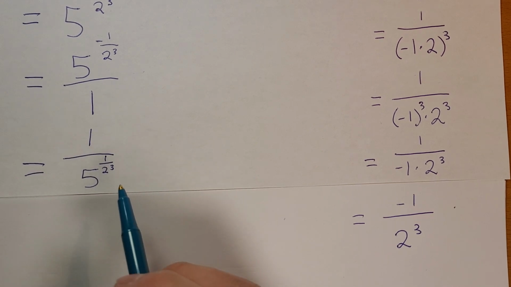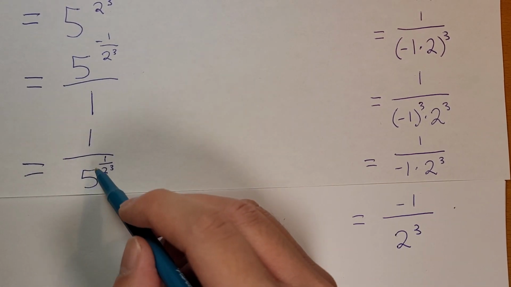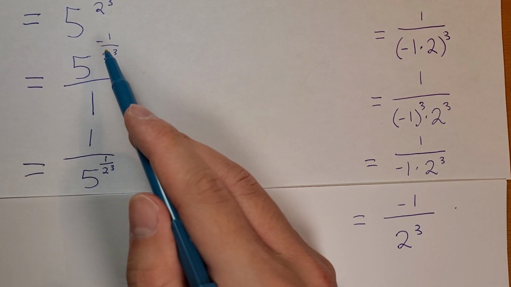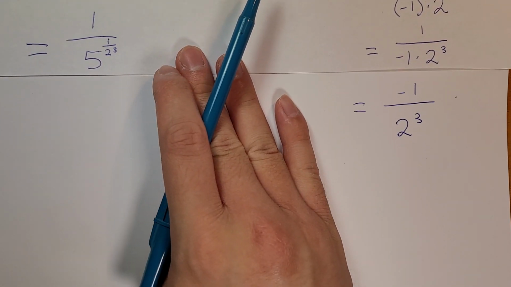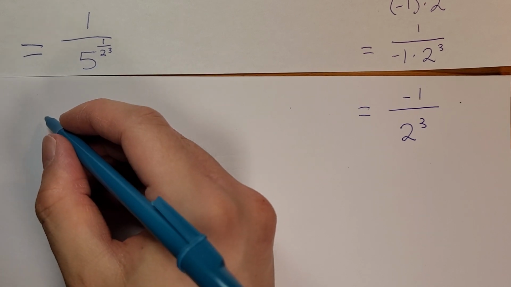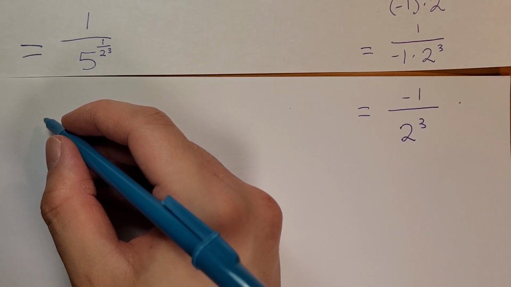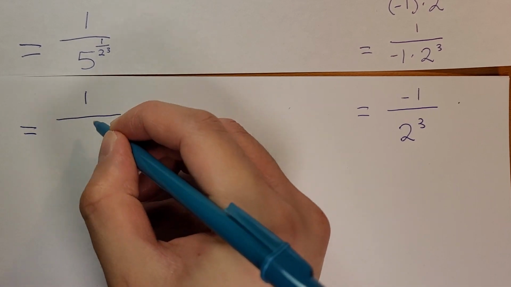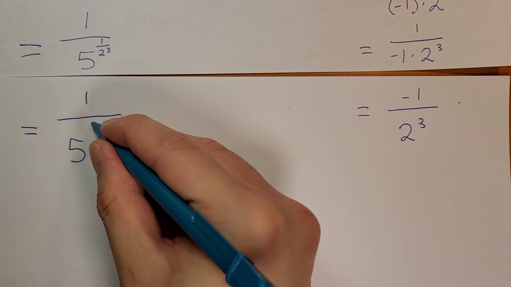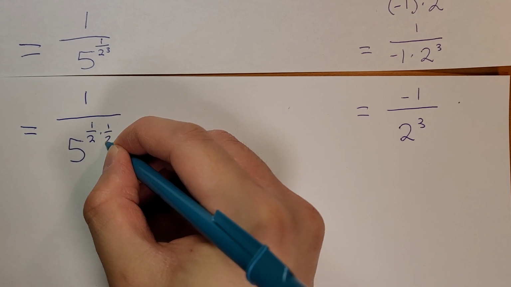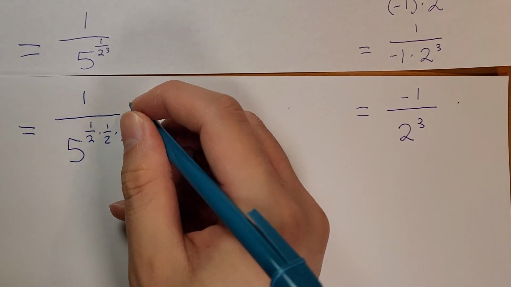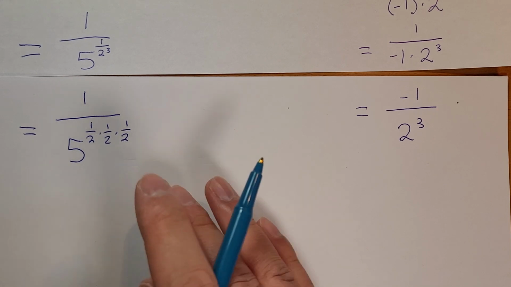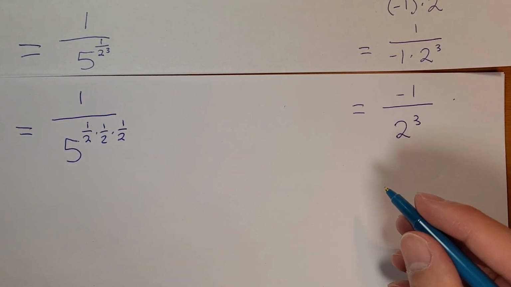So this is the fraction, and I just flipped it. Notice now the exponent here is positive, whereas this one was originally negative. Now I write this.